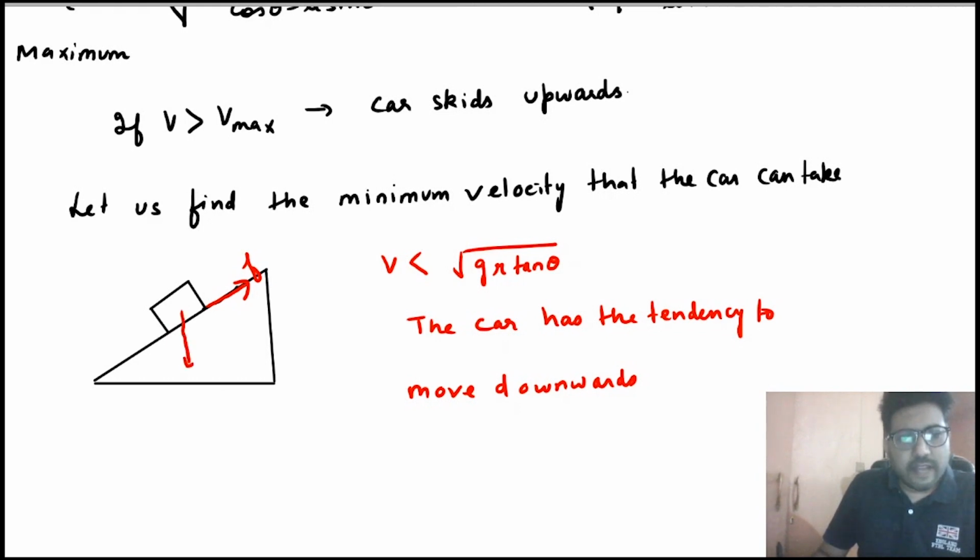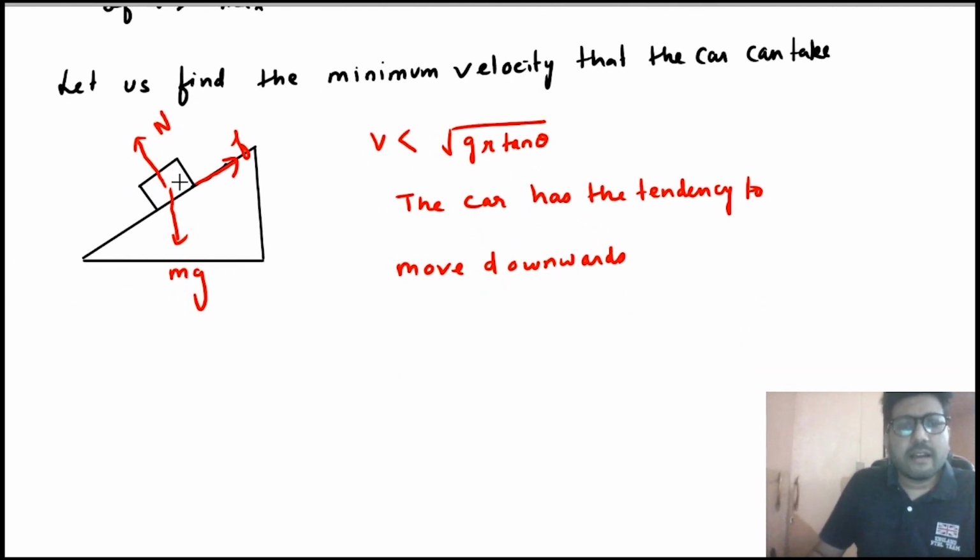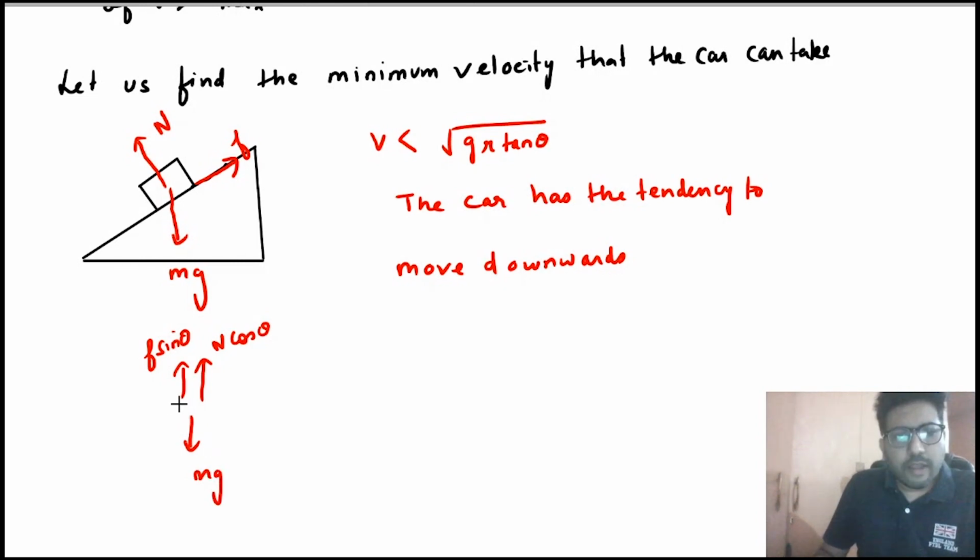So gravity in the downward direction, normal perpendicular to the incline. So again, if you resolve the forces along the vertical and horizontal, you will get upward is n cos theta, upward is f sin theta, downward is mg, along the horizontal is n sin theta, along the horizontal is f cos theta.